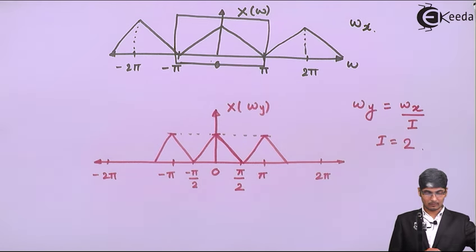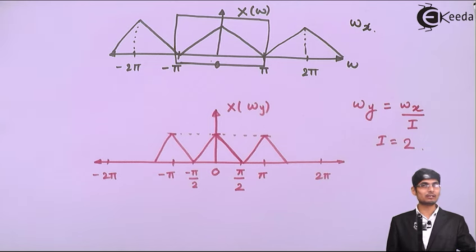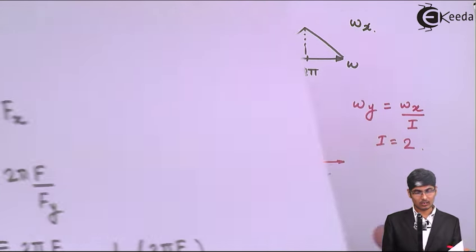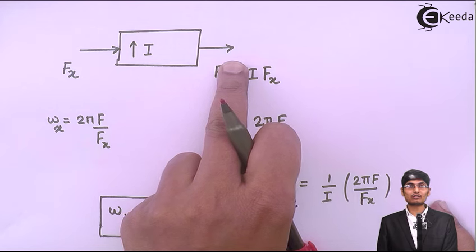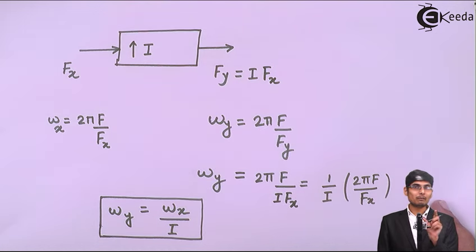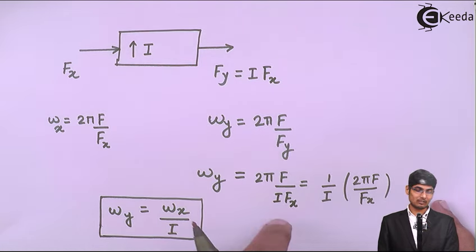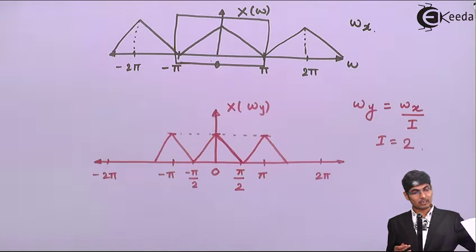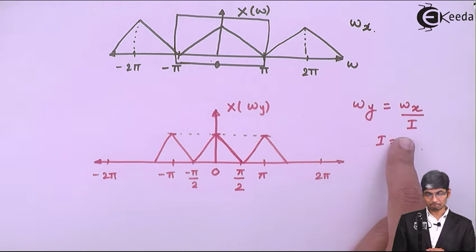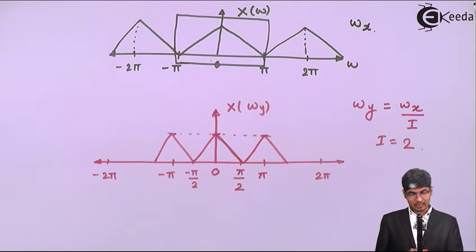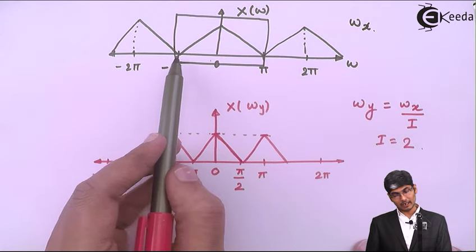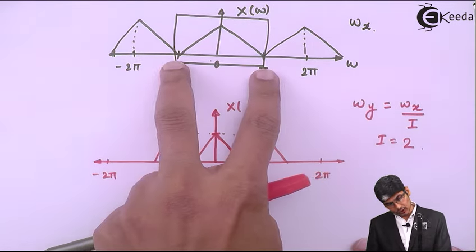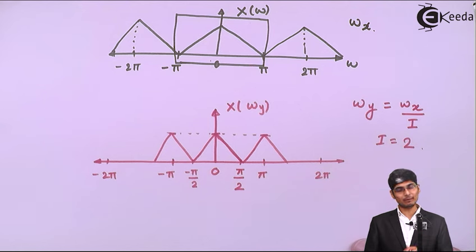At the output, this is the graphical representation of the frequency response. What did you get at the output? Compressed frequency characteristics, and at the input it was a normal one. By increasing the sampling rate, this got compressed, and compressed by a factor of I. Agreed? And if you see from minus pi to pi, that much of a window has been opened for me to observe what is happening.